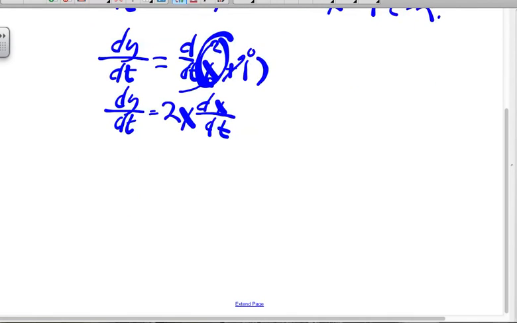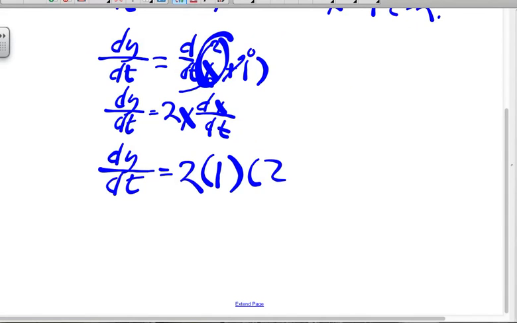Okay, so now all we have to do is grade it, plug the stuff in. dy/dt is what we're trying to solve for. Well, that's nice. So there's our unknown. It's already solved for. All we have to do is start plugging numbers in. So 2 times x, which was 1, and dx/dt is 2.